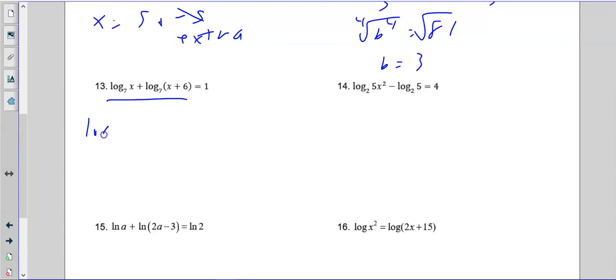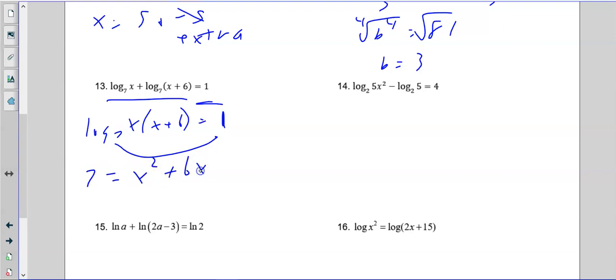Condense, write log 7 once. We have x times x plus 6 equals 1. Now at this point, we only have one log, so we're going to swish and flick. 7 to the 1, which is just 7, equals x squared plus 6x.